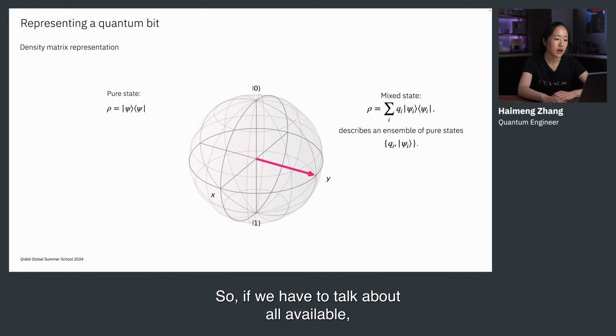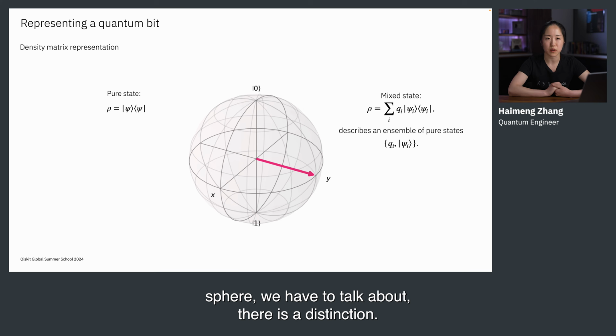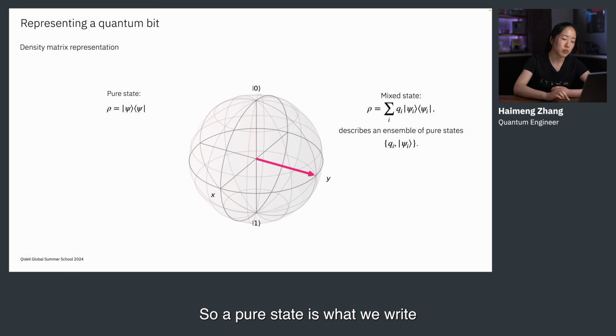So if we have to talk about all available states that can be represented on this Bloch sphere, we have to talk about the difference between mixed state and pure state. A pure state is what we write in this outer product form.